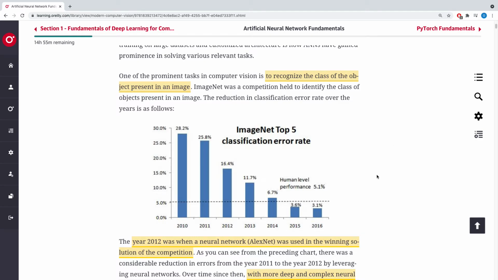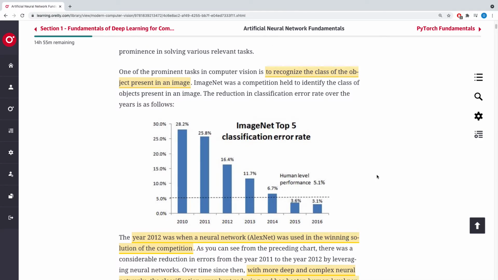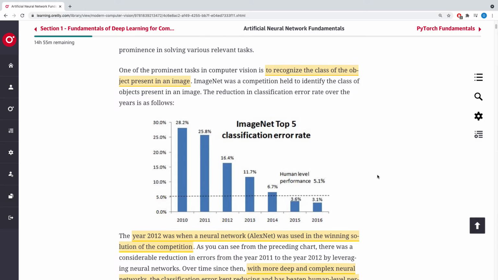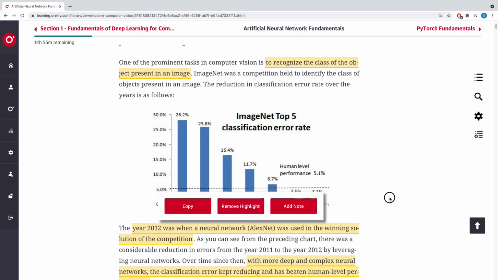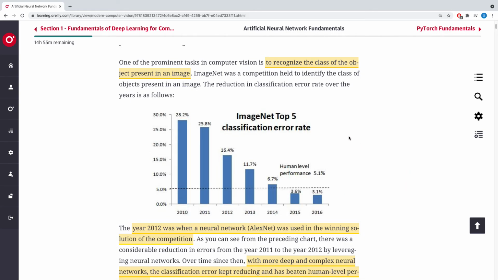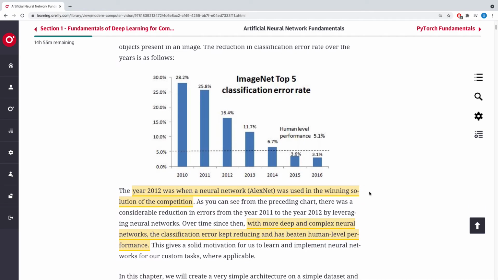So this is a typical example of how, on a very popular data set, ImageNet, the neural network achieved a remarkable performance in 2012, and that neural network is called AlexNet, and it beat the previous performance by a very large margin.